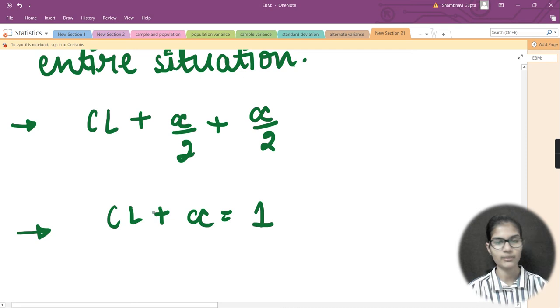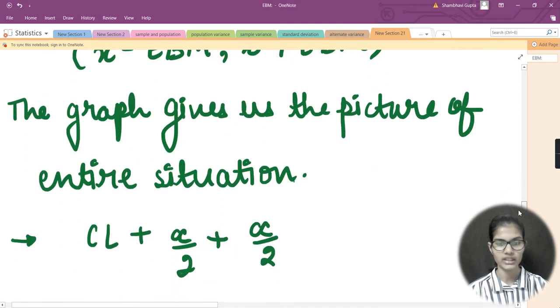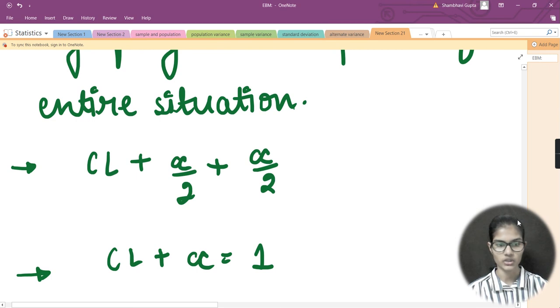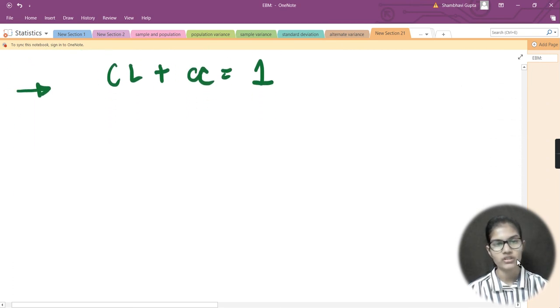This is the format we use for making the graphs as well. Whenever you calculate that, it gives the final relationship between CL and alpha: CL plus alpha is equal to 1.